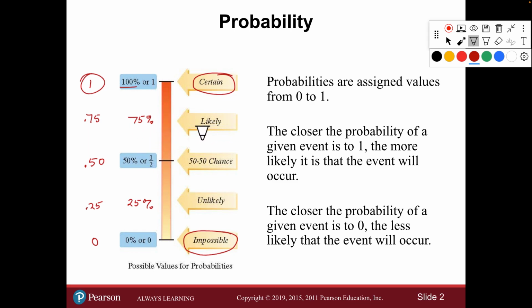Probabilities can also be listed as fractions, so 0.75 might be 3/4 as a reduced fraction. What we start to see is probability is about how many chances something has of happening divided by how many total chances. So if we say there's 4, this is 3 out of 4, this would be 2 out of 4, or reducing down to 1/2, and this would be 1/4 chance, right?